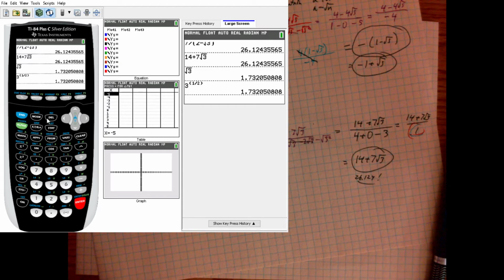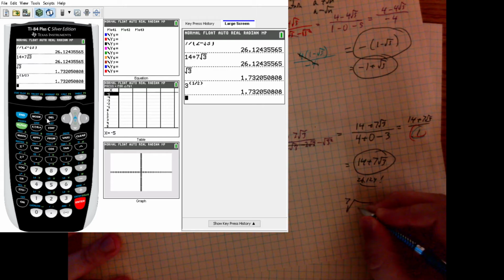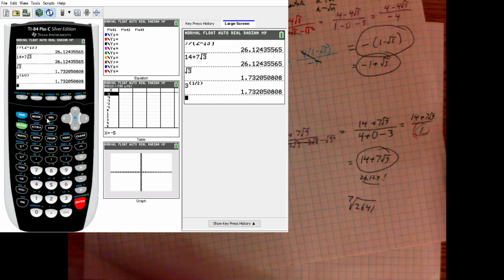If I had to do something like the 7th root of 2,641, I don't have a 7th root on my calculator here. There's no 7th root anywhere on this calculator. So how do I do that?